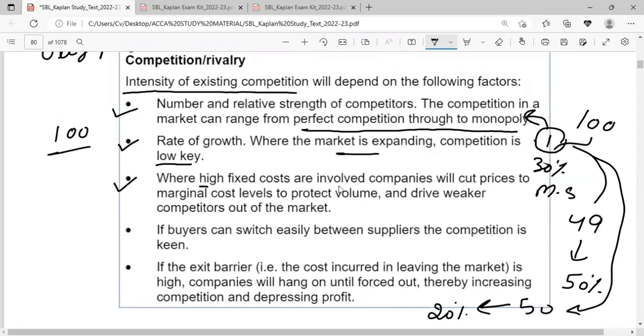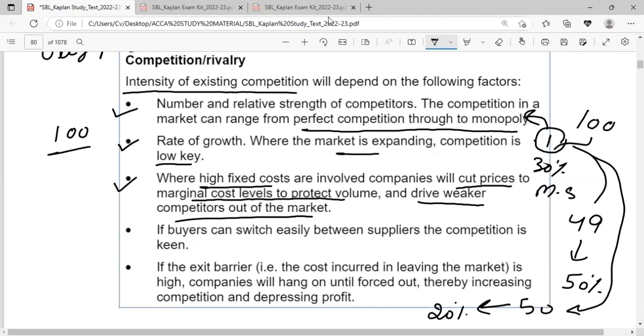Where high fixed costs are involved, companies will cut prices to marginal cost levels to protect volumes and drive weaker competitors out of the market. It means the fixed cost of a company is high. Now it is very important for a company to sell a certain number of units to recover their fixed cost or to reach their break-even point.